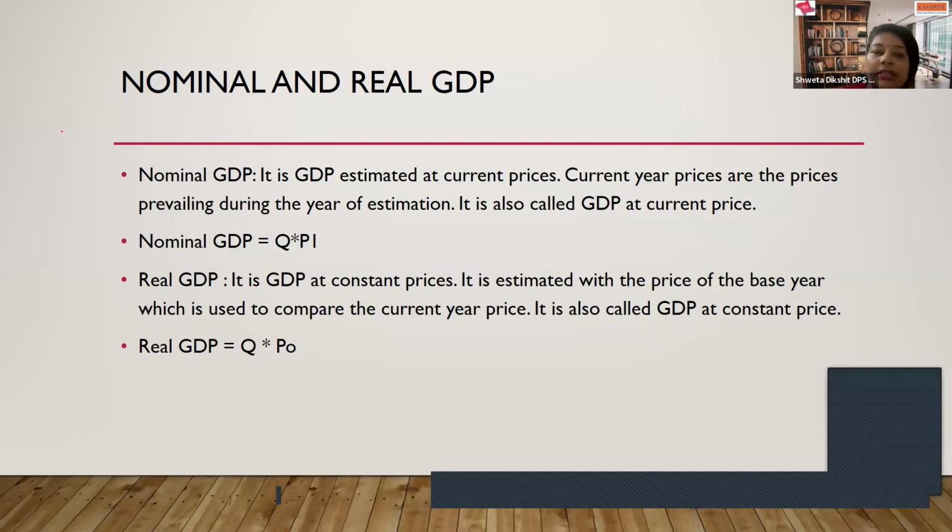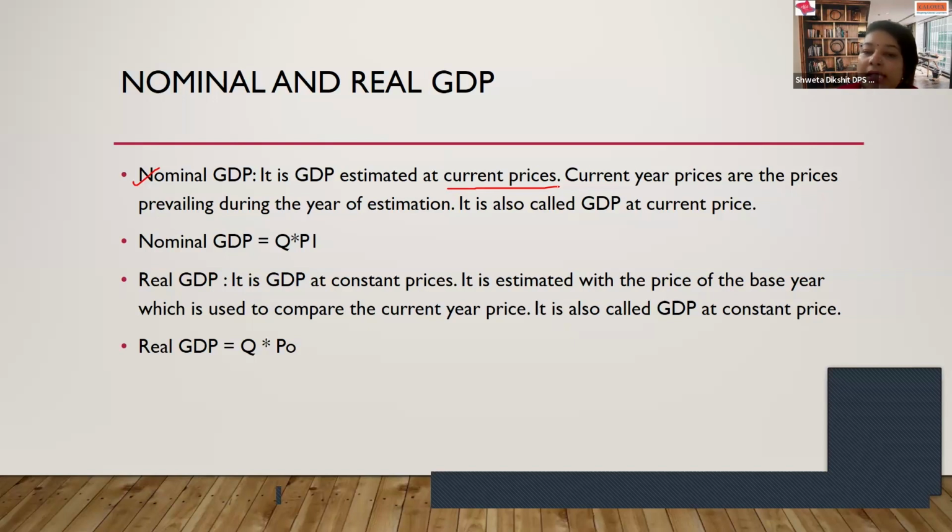So nominal GDP is the GDP where we take the current prices into consideration for the estimation of GDP. I repeat, where we take the current prices. That means if you're talking about the GDP of 2020, you are considering the prices of 2020 only for estimation of national income or GDP.